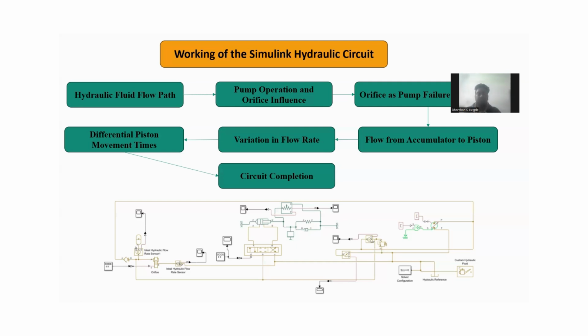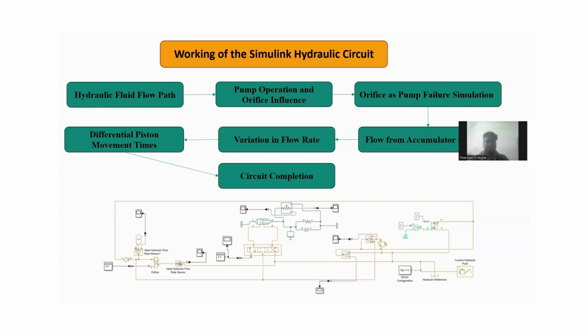Once the accumulator has reached its maximum pressure, the orifice is closed and the accumulator is disconnected from the pump. The orifice is used as a pump failure scenario, or a simulation, you can say. Since the pump is not generating a flow, the accumulator is used to ensure that the loading and unloading, or retracting, occurs.